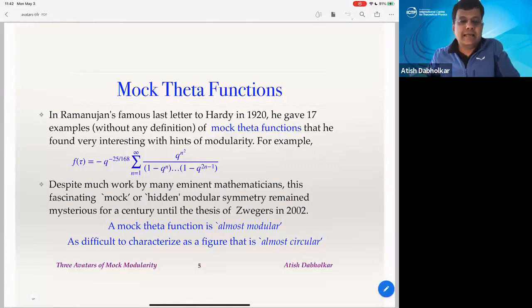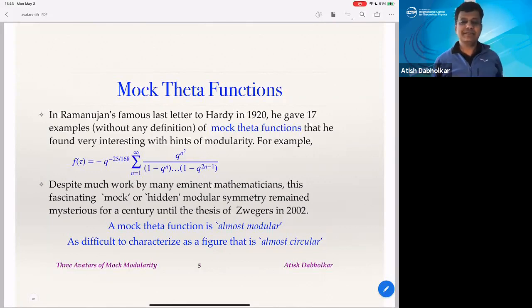Despite much work by many eminent mathematicians, this fascinating hidden modular symmetry remained mysterious for almost a century, until the work of Zwegers, who was a former graduate student of one of my collaborators. He finally understood in 2002 what mock modularity is. Roughly speaking, a mock theta function is almost modular.